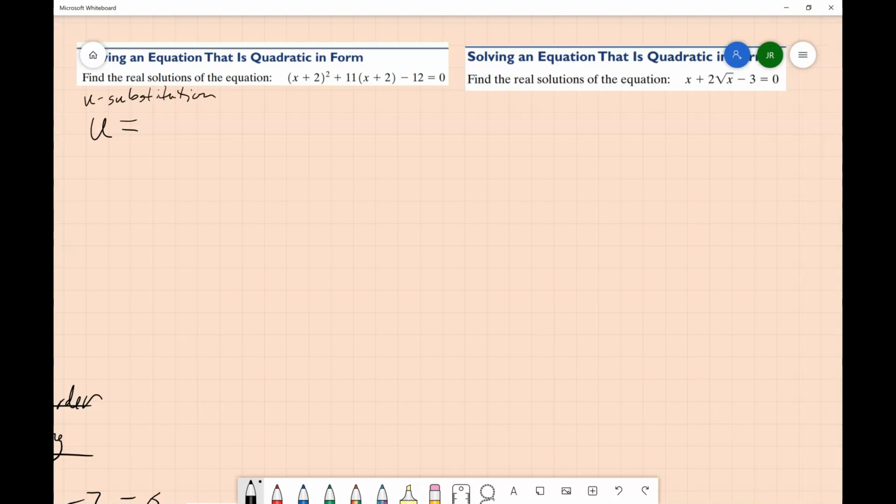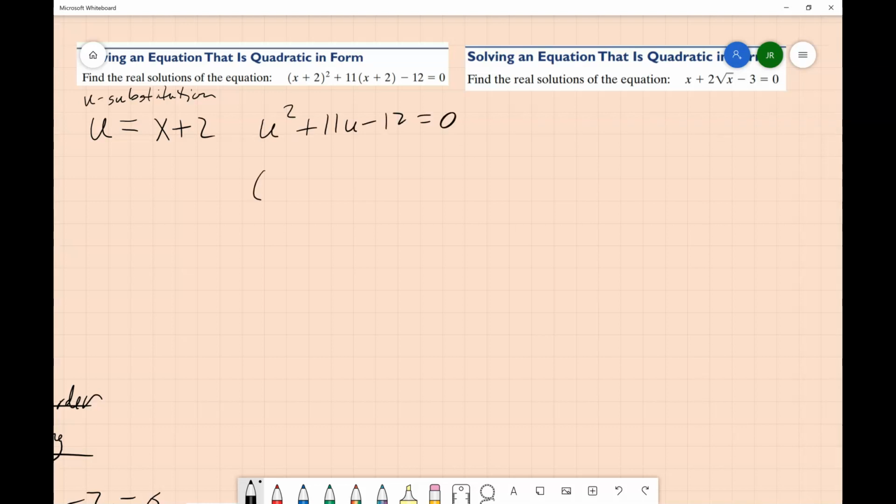We're going to let u equal, so dummy variable, look for something in here that's the same. The x plus 2 is the same in both terms, so I'm going to let u equal x plus 2. And since u equals x plus 2, anywhere there's an x plus 2 in this original equation, I can replace it with a u. So this now becomes u squared plus 11u minus 12 equals 0.